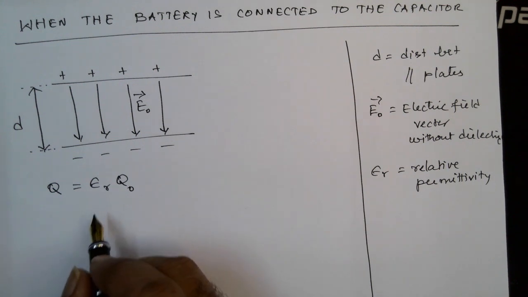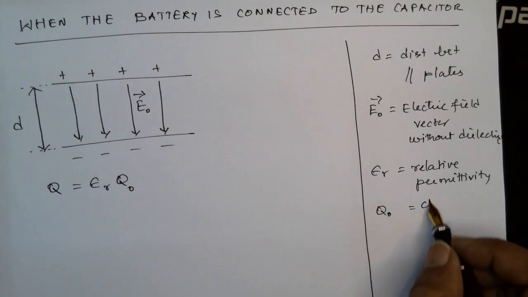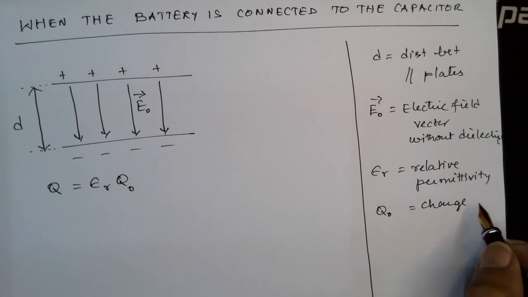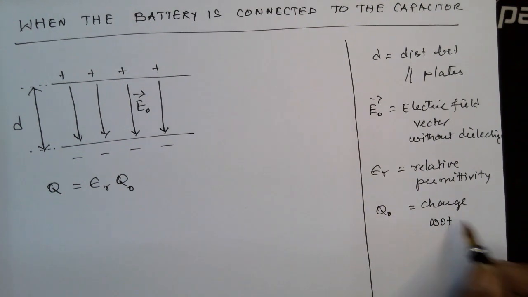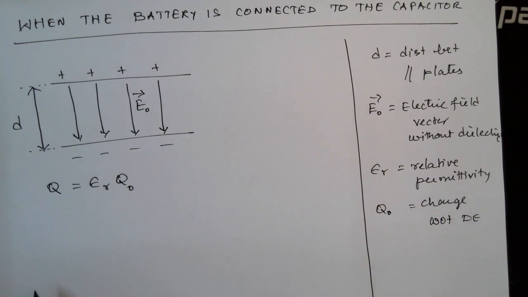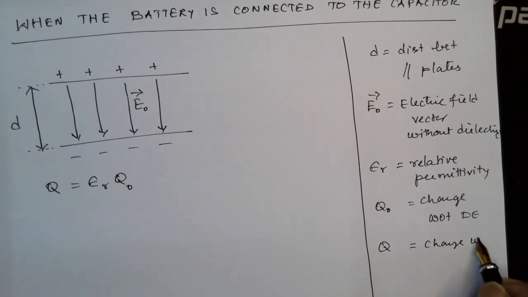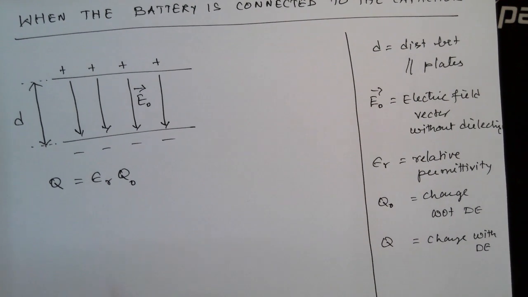And then Q naught is the charge without dielectric. Q is the charge with dielectric.